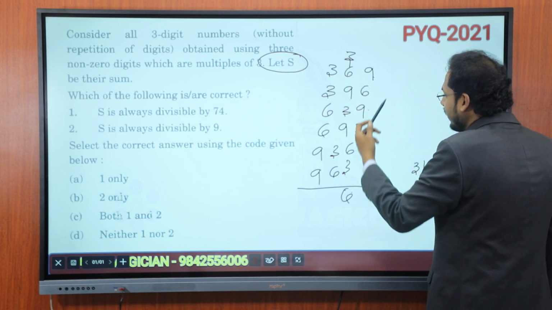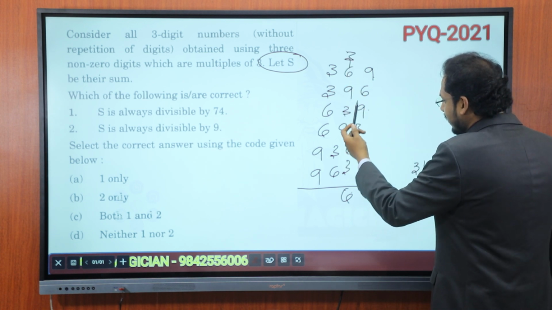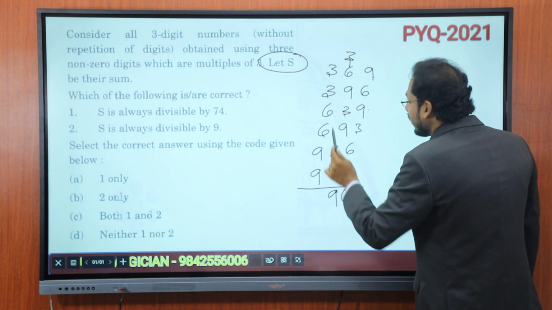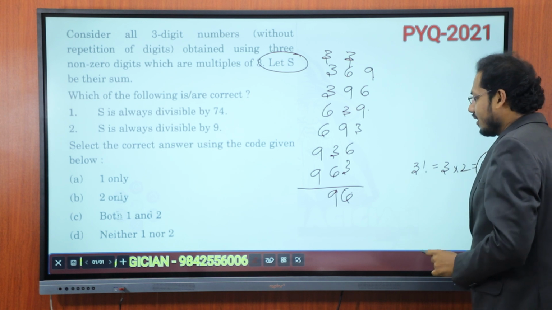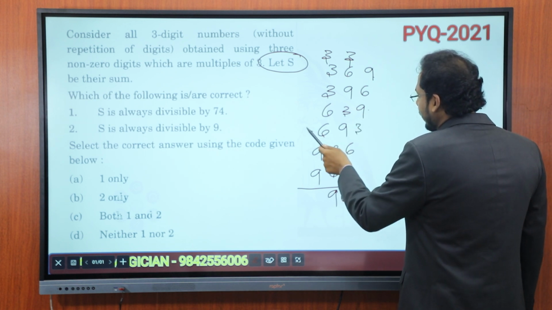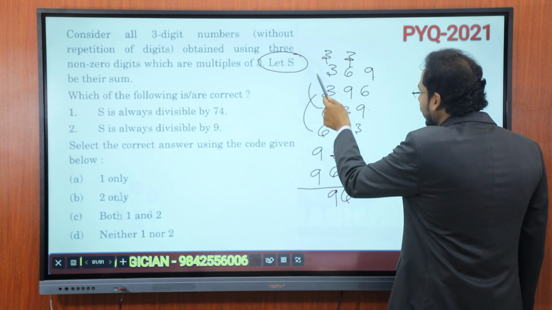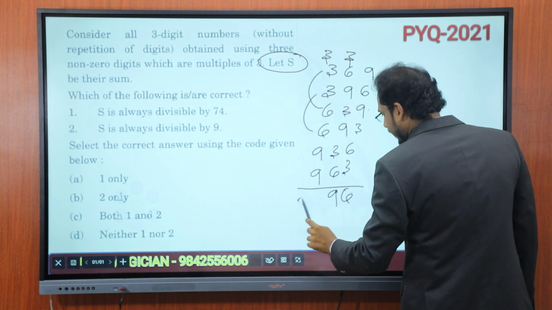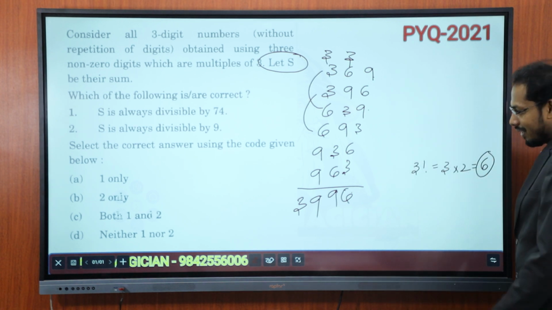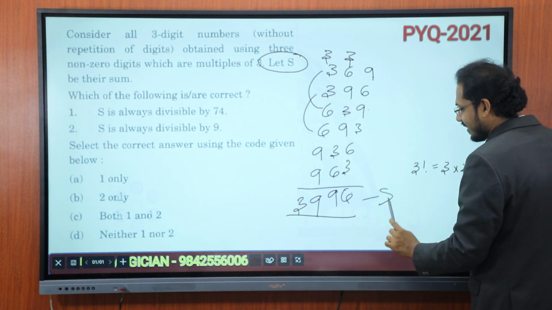Again 9, 18, 27, 36, 9. Remainder 3. Right. Next 9, 18, then 27, 36, 39. Okay. So this is the total value. This is called S. Okay.